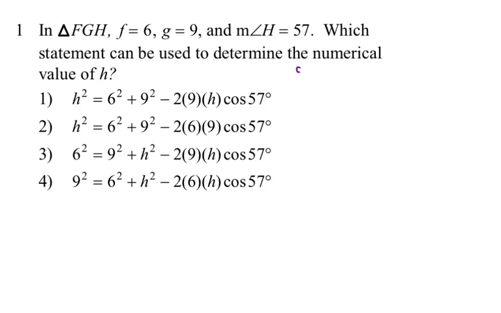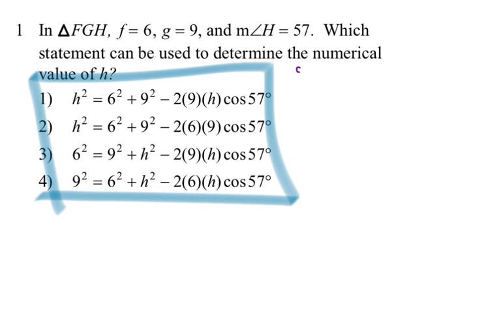Now, as you can see over here, all of them resemble the law of cosines. So, as you can write down the law of cosines over here, notice that angle C and then side c has to be opposite of the law of cosines.